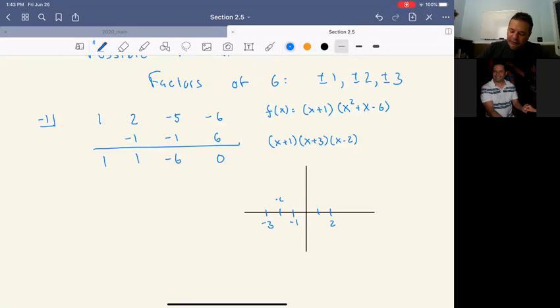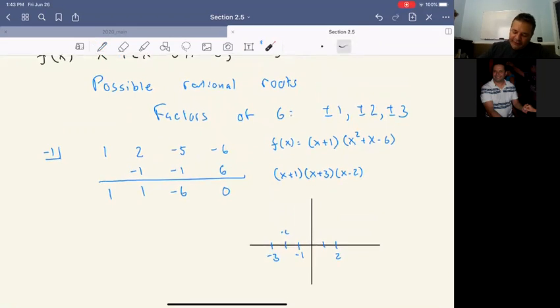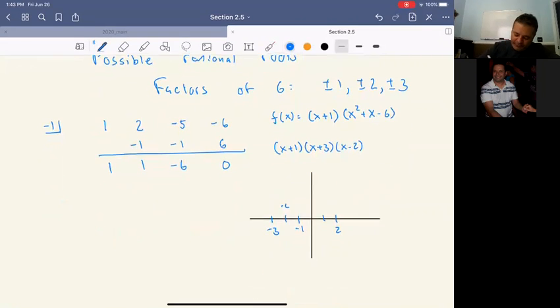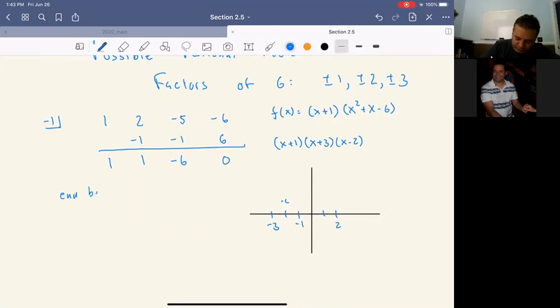Okay. Leading term is x cubed. So we know that the end behavior is given by x cubed. So that looks like so.